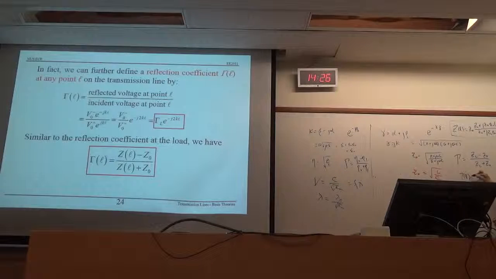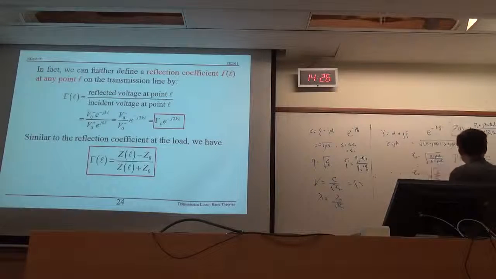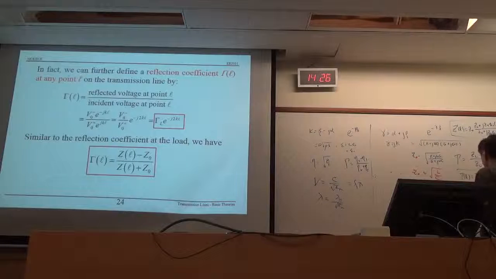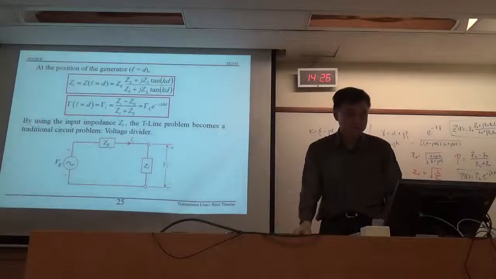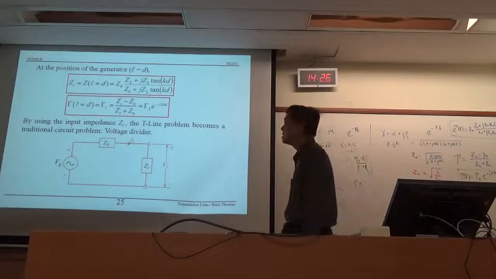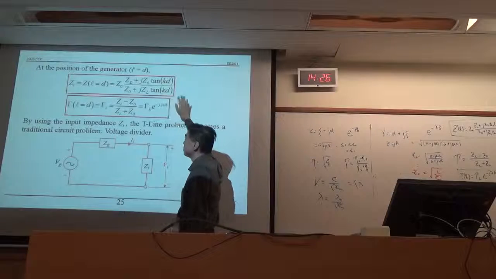Gamma at the distance L is equal to gamma L e to the minus 2jkL, which is equal to ZL minus Z0 over ZL plus Z0. These are not special, but we'll block them out also. Once again, these two equations are the equations that you need to know.